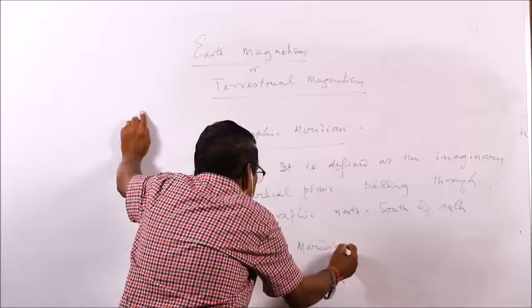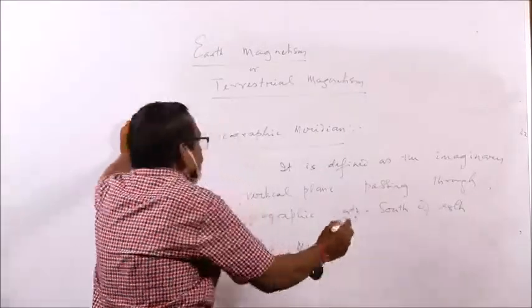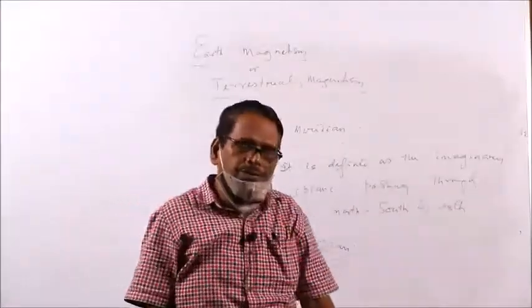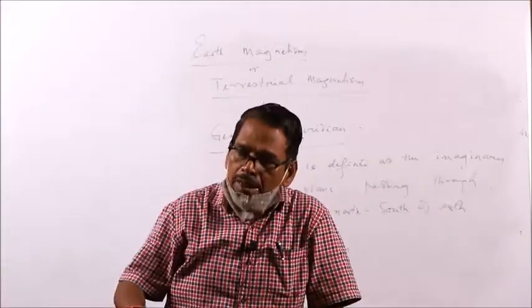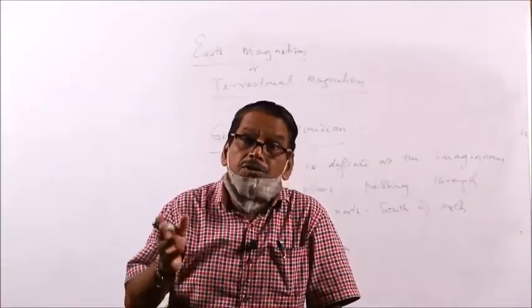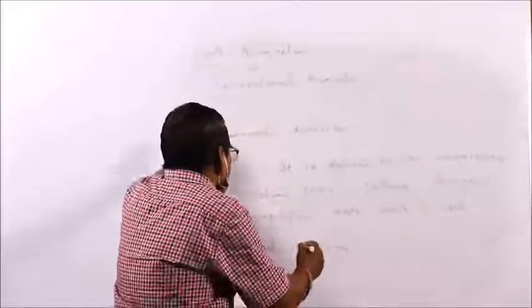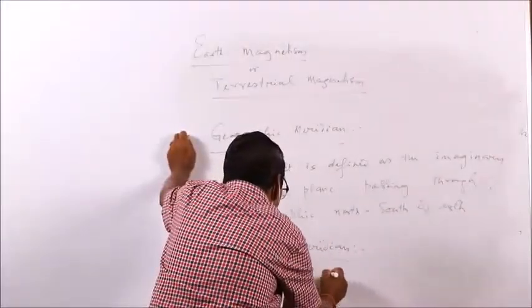Magnetic meridian. What is the meaning of magnetic meridian? How to define the magnetic meridian of Earth? It is also defined as the imaginary vertical plane passing through the magnetic north-south of Earth.